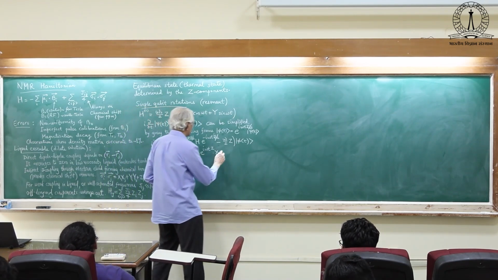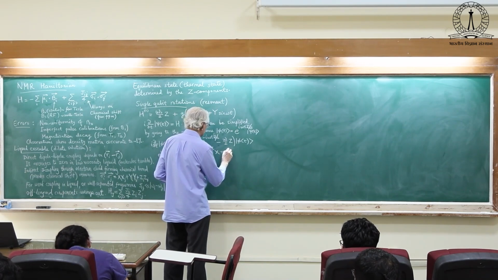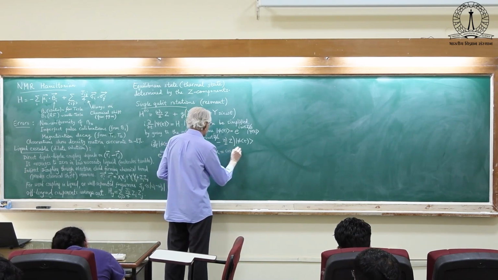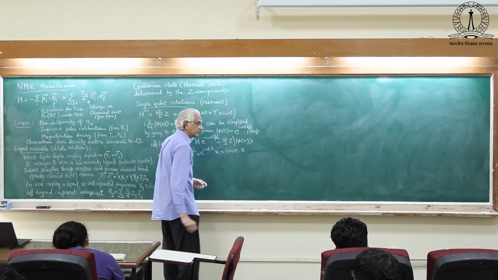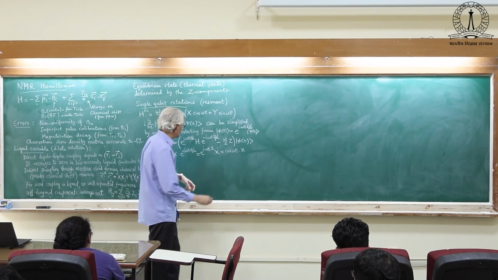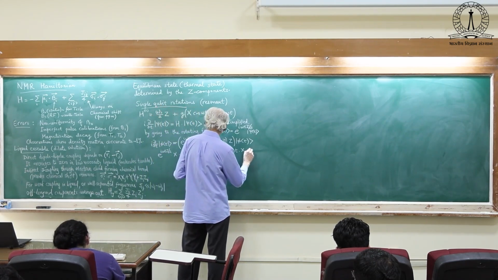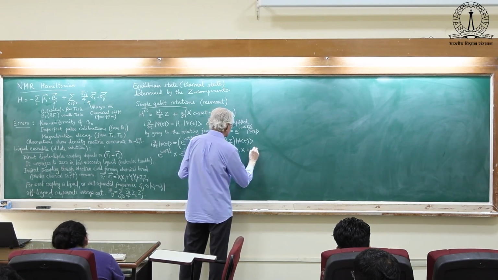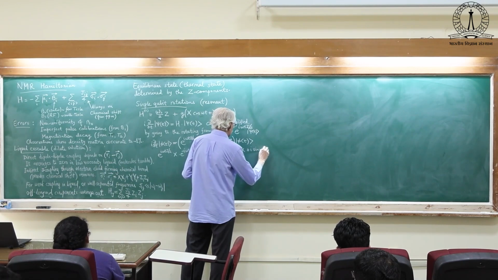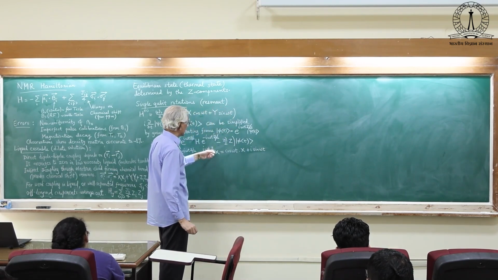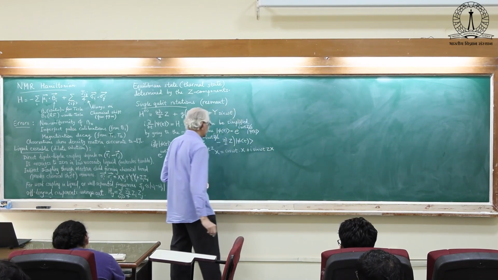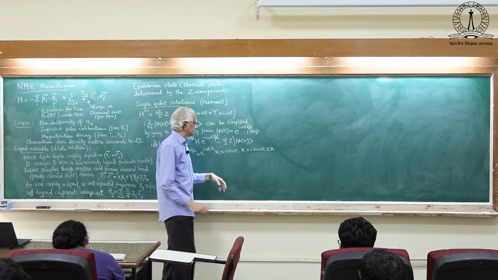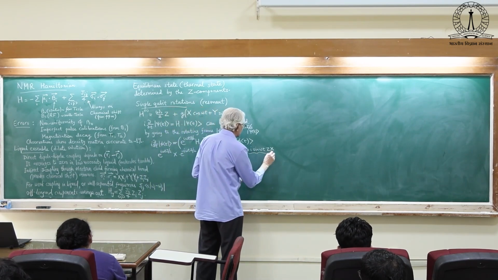and then I can expand. So this is cosine omega t times x, and then the direction, so plus i sine omega t times z, and then x, and that we can now calculate.